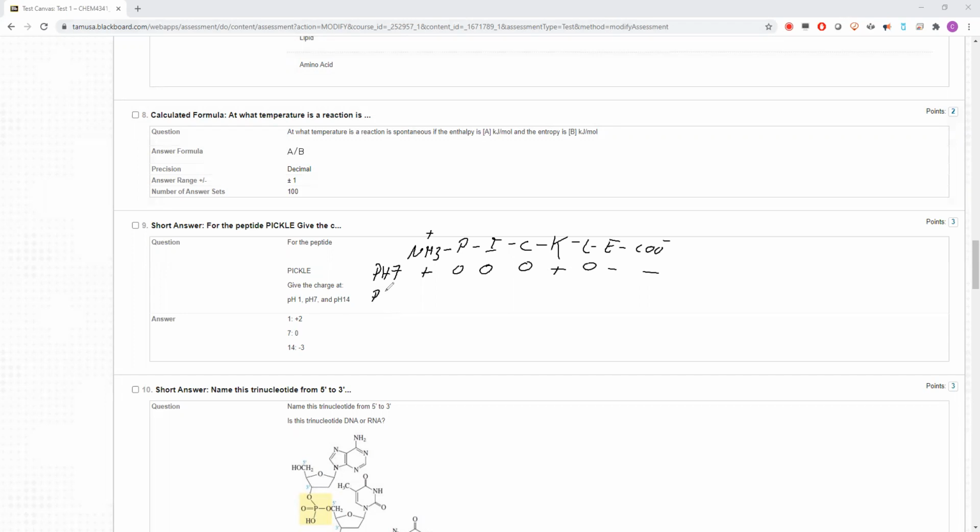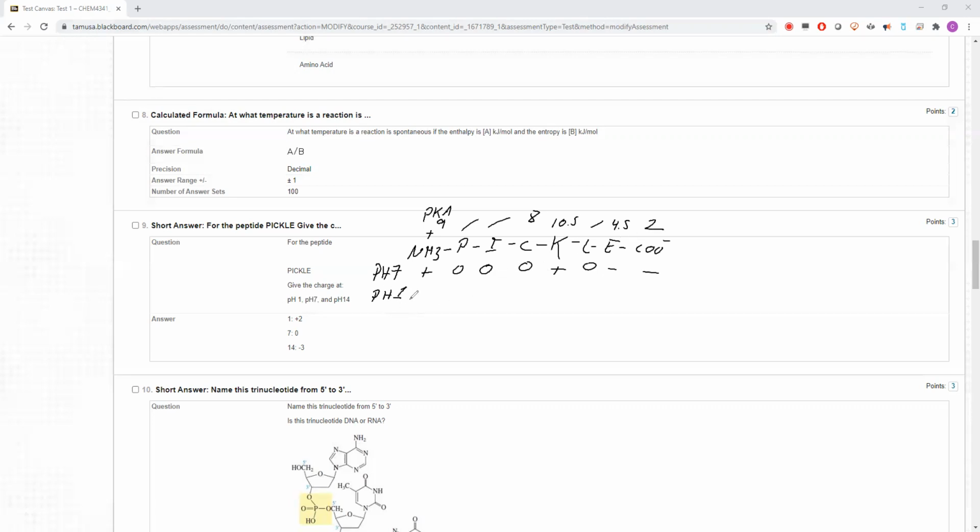So for a pH of 1, we need to know our pKa. The pKa of NH3 is roughly 9. P doesn't have one, I doesn't have one. C is roughly 8. K is roughly 10.5. L doesn't have one. E is like 4.5, and the C-terminus is 2.